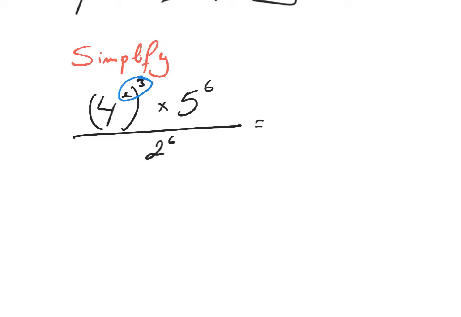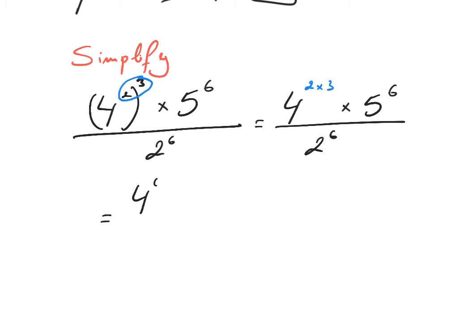So it's 4 to the 2 times 3, times 5 to the 6th power over 2 to the 6th power. 4 to the 2 times 3 is 4 to the 6, times 5 to the 6 over 2 to the 6th power.